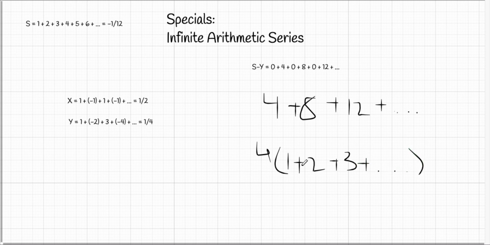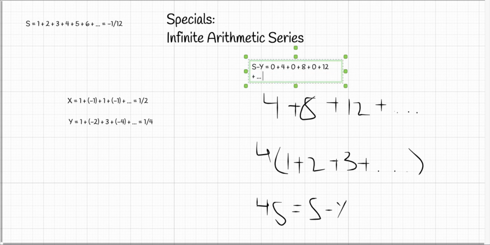Now, what is this series that we have? 1 plus 2 plus 3, all the way to infinity? Well, that's just S. Now we have 4S. 4S is equal to S minus Y. This is a nice equation, and we're almost there. We just have to solve this equation, and we find out what S is.